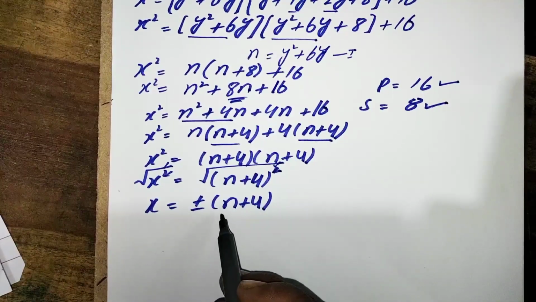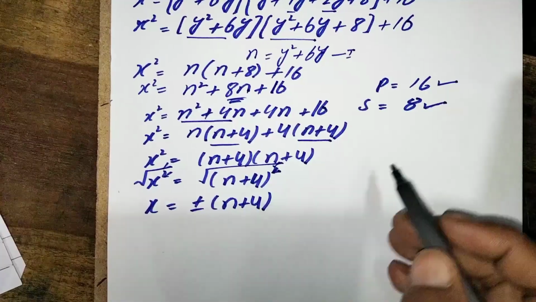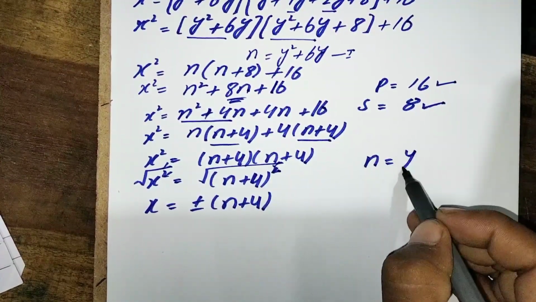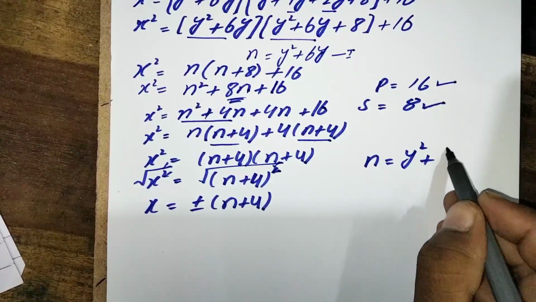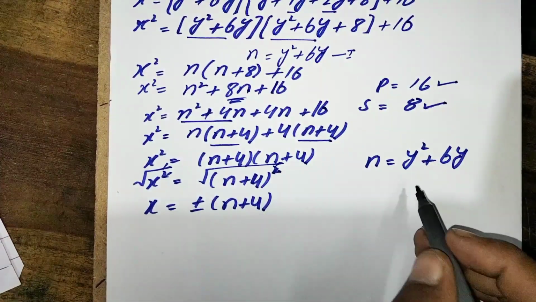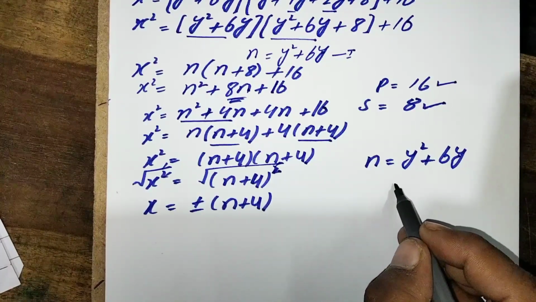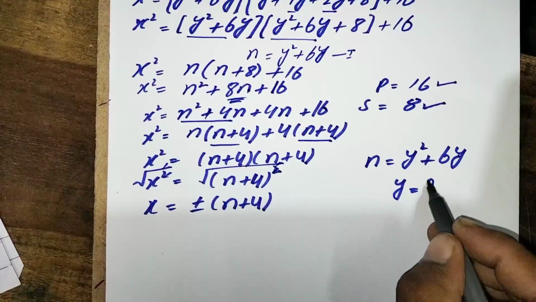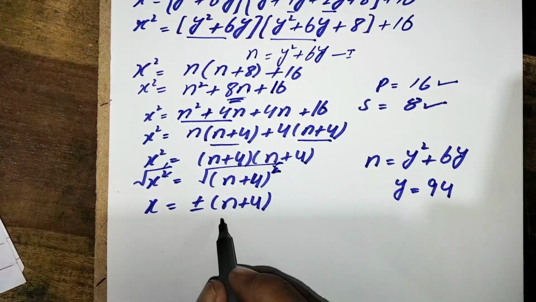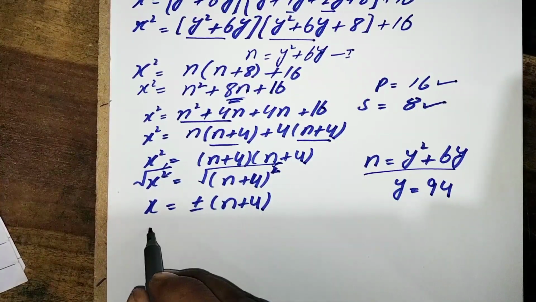Students, we have a value of n which is equal to y square plus 6y, and y is equal to 94. So we take this value of n and put it into this equation.